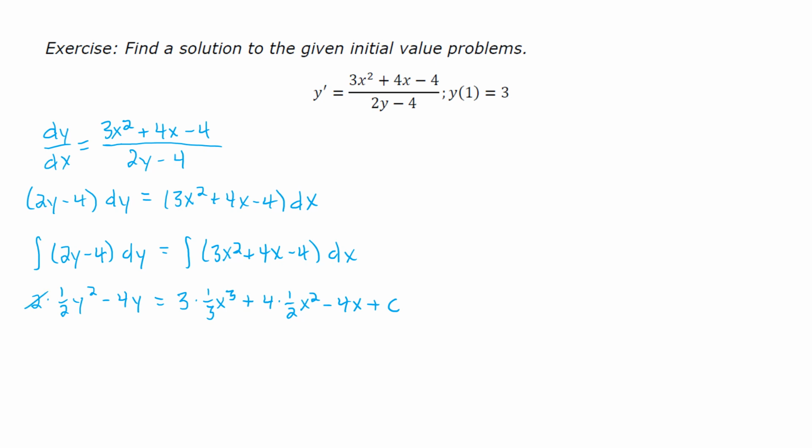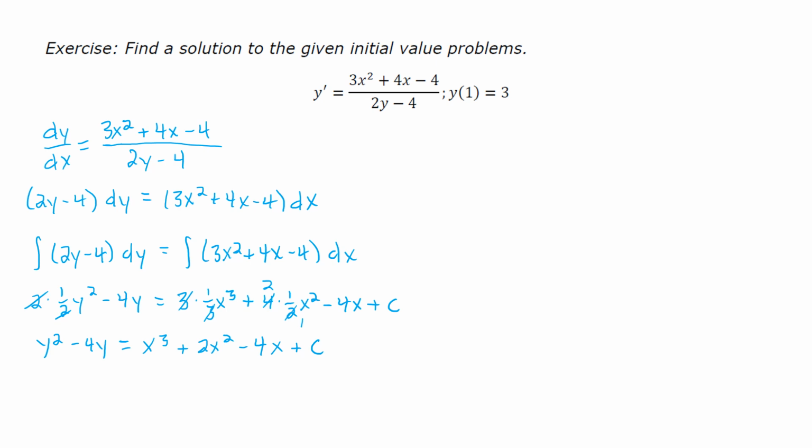Simplifying, the 2s cancel, so that's y squared minus 4y equals, the 3s cancel, x cubed, 4 divided by 2 is 2, so plus 2x squared minus 4x plus c.